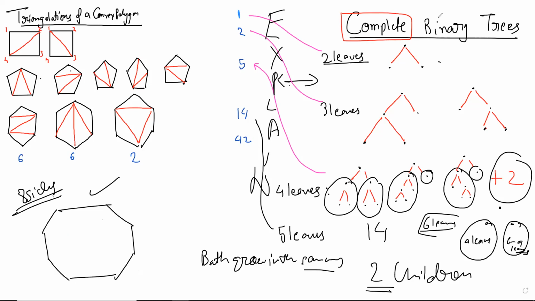Now I want to show that this also grows in the same way. So you can mark this one. Now you see, I will decide how to distribute the six leaves, which basically means 6 triangles, right? 8 sides means 6 triangles, and 6 triangles and 6 leaves. Now, how am I going to divide them?